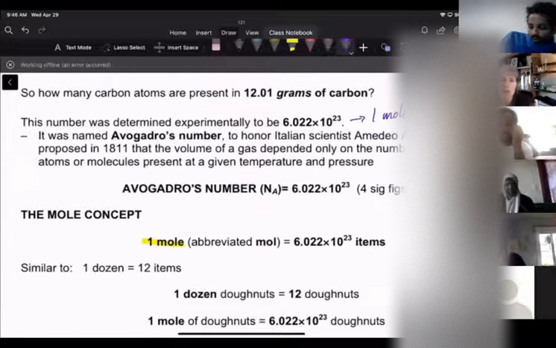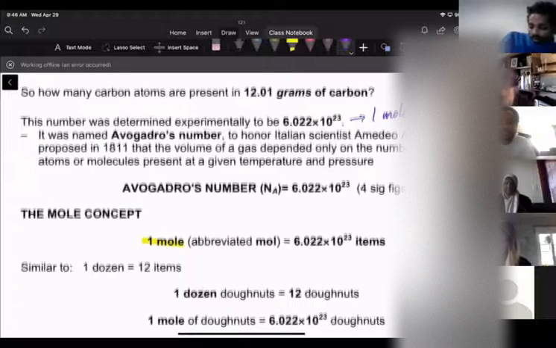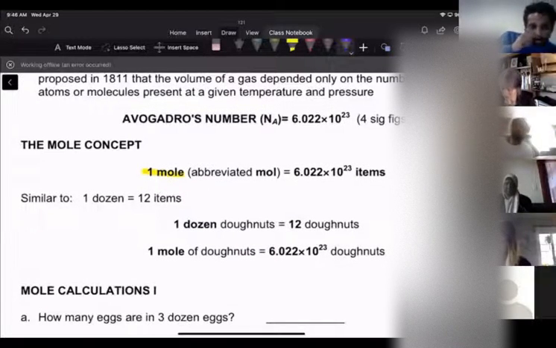The word comes from the Latin word for a pile. It started with a pile of salt. If you put a large pile, maybe 2 tablespoons, of salt, that's a mole of salt. It's a collection of atoms that is big enough we can measure it. And it's just a number, but it's a large number. So it works just the same way as a dozen.